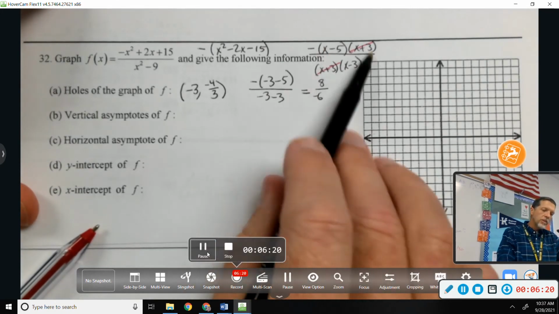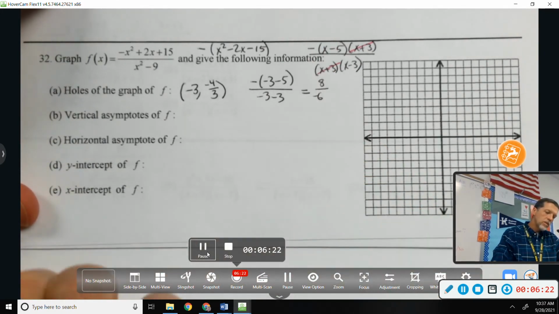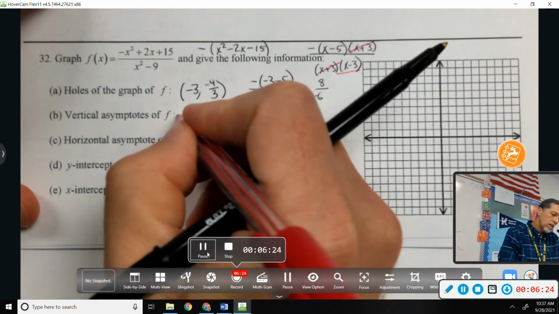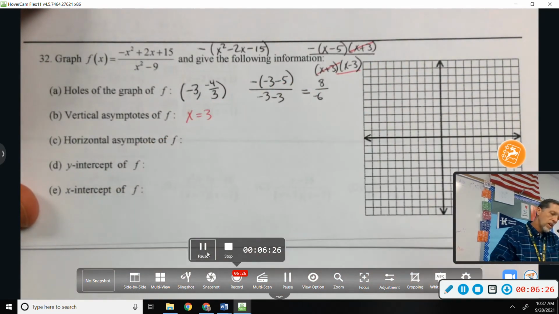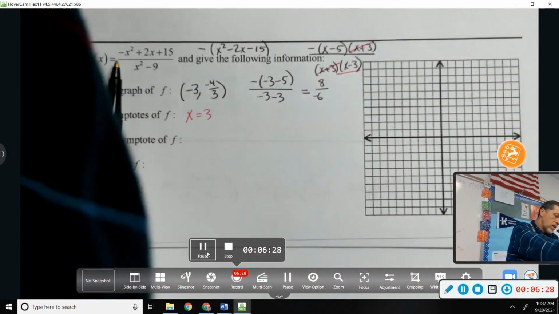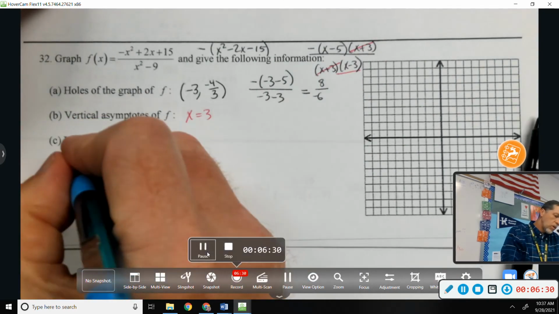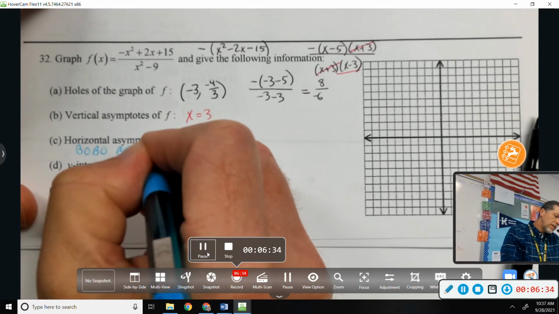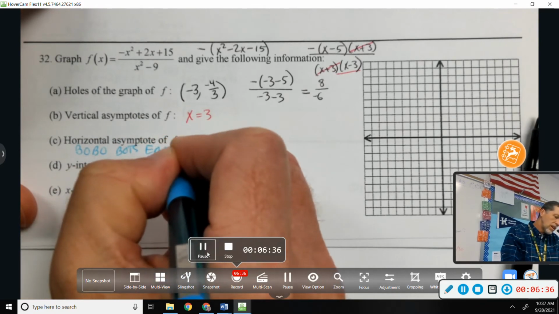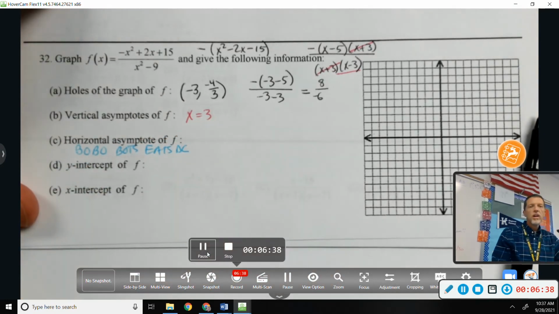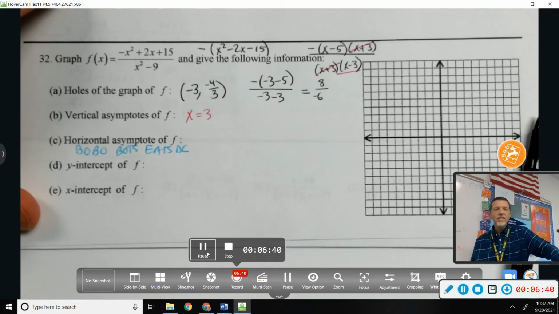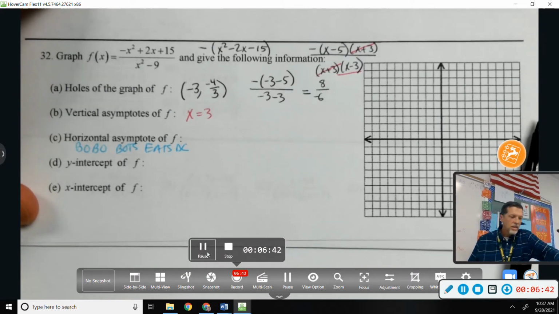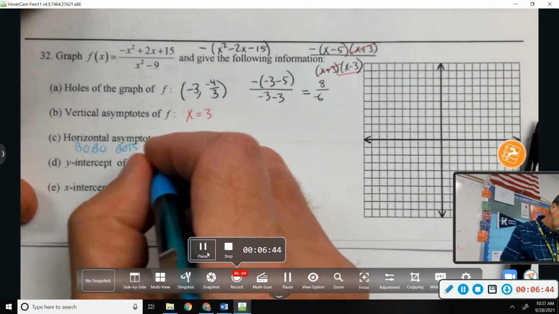How about vertical asymptotes? Any vertical asymptotes? X equals 3. Horizontal asymptote, that's Bobo bots eats DC. Is this a Bobo, a bots, or an eats DC problem? Eats DC, good.